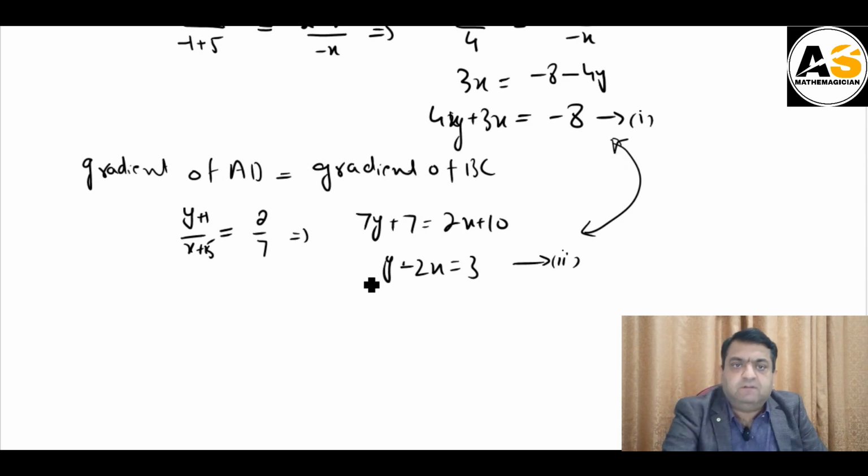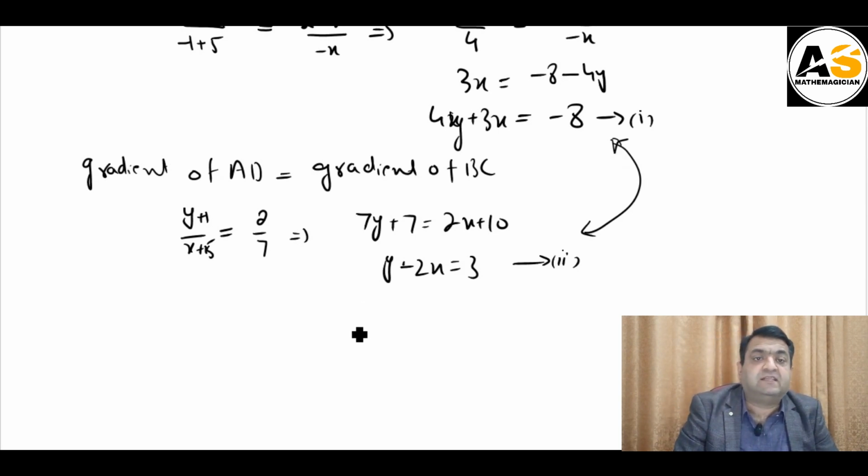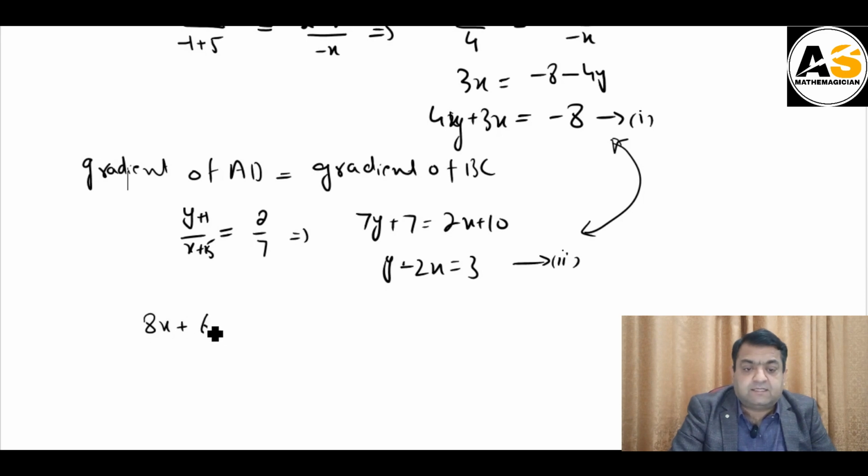So these are two equations in unknowns x and y. I will solve these equations to get the values of x and y. And the values of x and y are the coordinates of the required point. I will multiply equation 1 by 2: 8y plus 6x is equal to -16, and equation 2 by 3: 21y minus 6x is equal to 9.